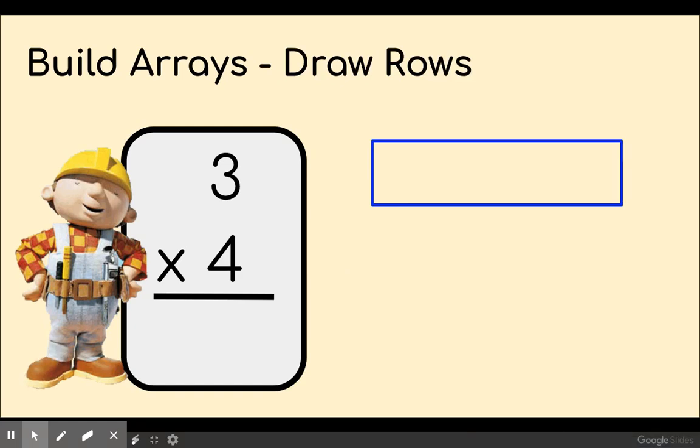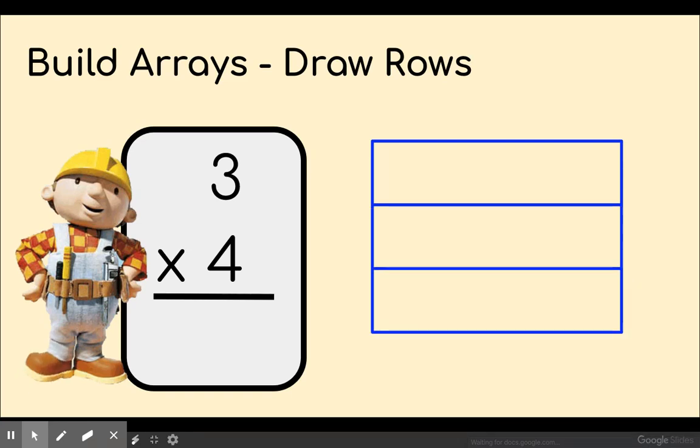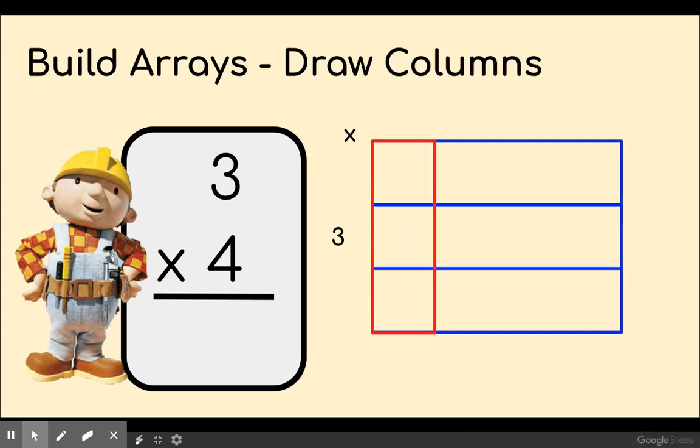So the first thing we want to do is turn that 3 into 3 rows. Here's the first one, there's the second one, and here's the third one. We label it, and then we go to the columns, which go up and down. Here's the first one, the second one, the third one, and the fourth one. And then we label it.